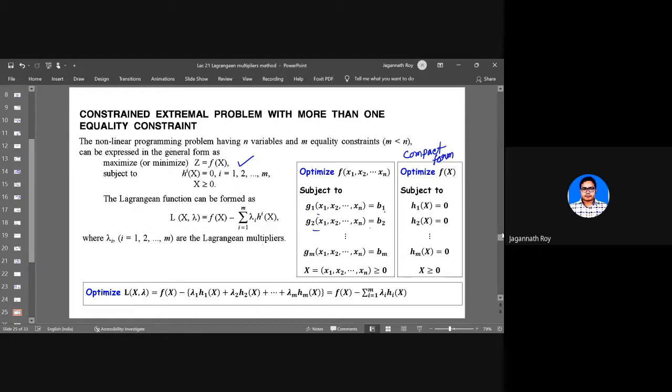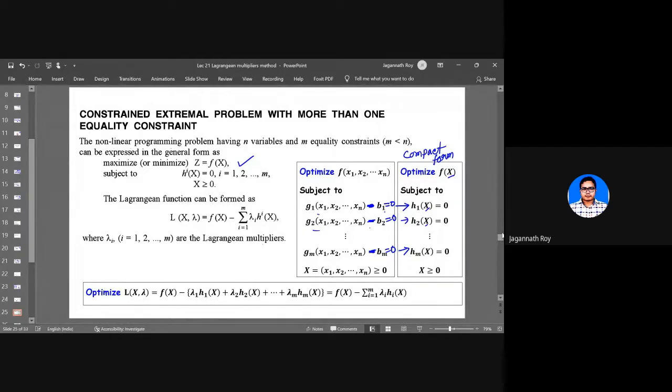Here we will have these constraints. If you take it on the left side, make it 0, then it becomes h1. Take it, make it 0, it becomes h2. Take it on the left side, make it 0, it becomes hm.